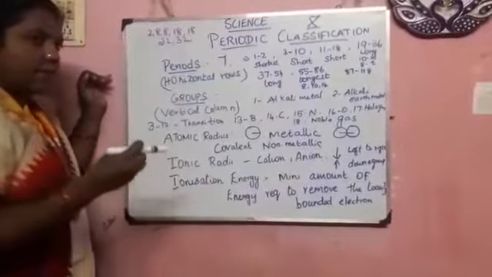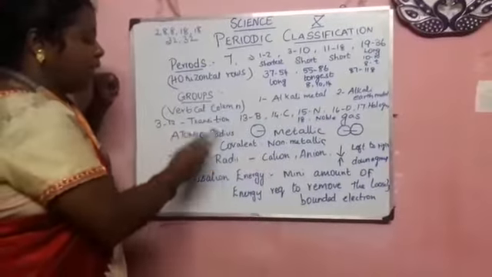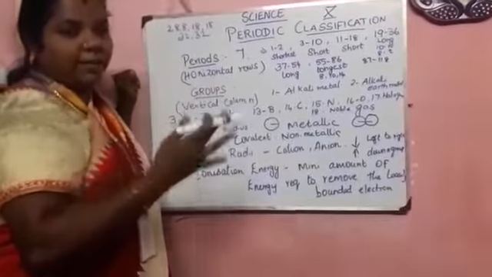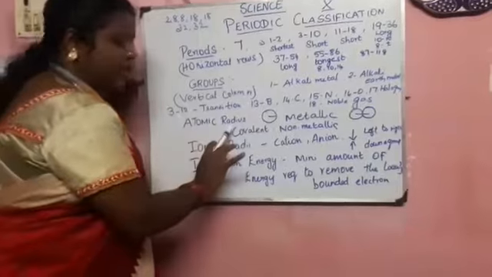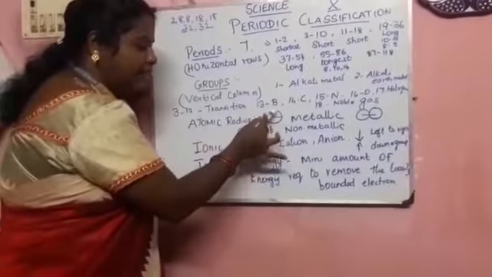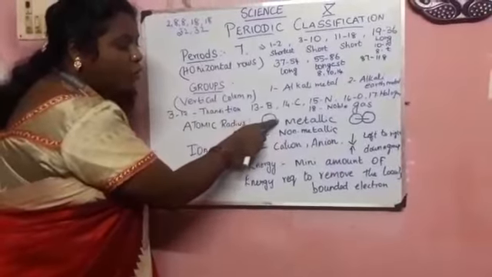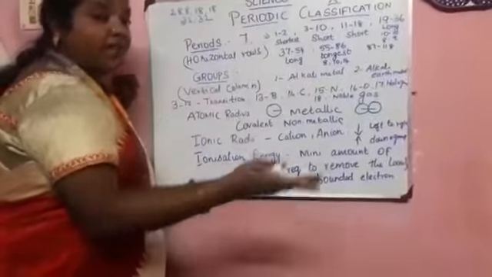And let's see there are some more definitions in the periodic classification. First one, atomic radius. You already know about the radius. Half of the diameter is called the radius. Atomic radius means, if you consider an atom, the distance between the center of the atom and the outermost electron, because it differs depending upon the size of the atom.